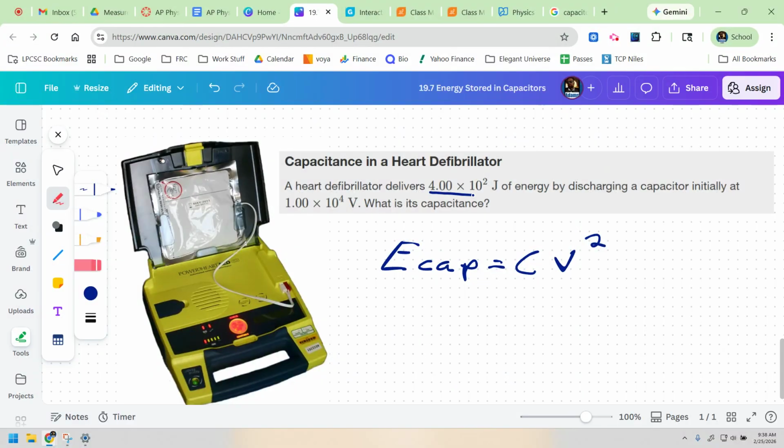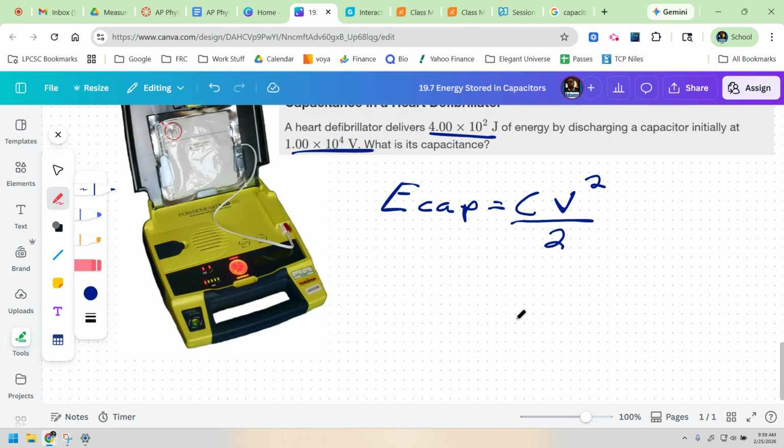And so this would be our energy, this would be our voltage. Oh, wait, that's over 2, right? So in this particular case, we'd use this first equation. Now what I probably could do is rewrite this. So if I solve for capacitance, that would be 2 times the energy of the capacitor divided by V squared, the voltage squared.